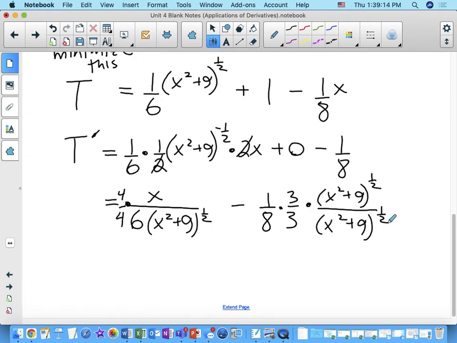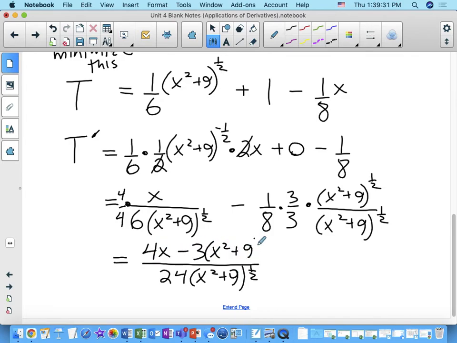Okay, and then I'm going to get over 24 x squared plus 9 to the 1/2. I'm going to get in the numerator 4x minus 3 times x squared plus 9 to the 1/2. And that is the derivative.